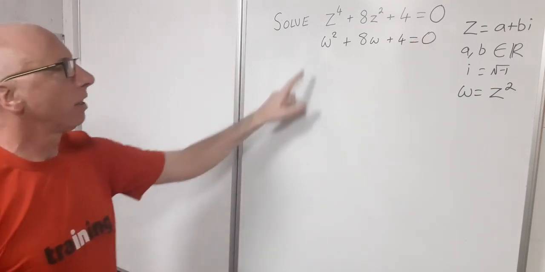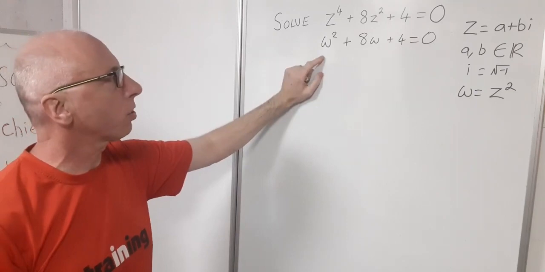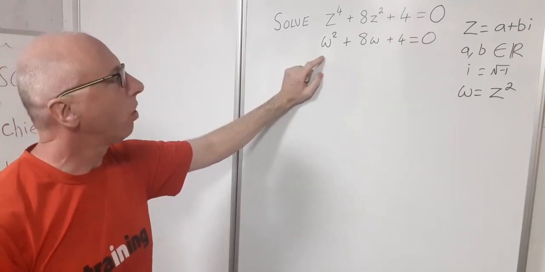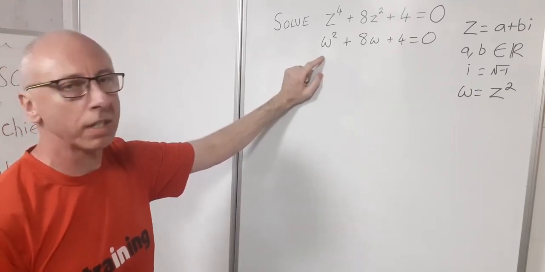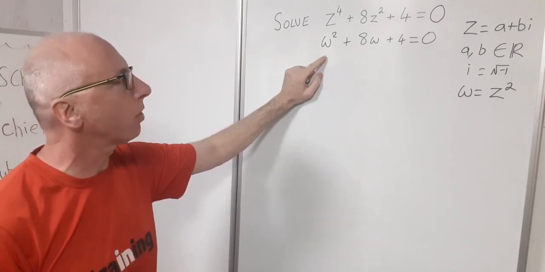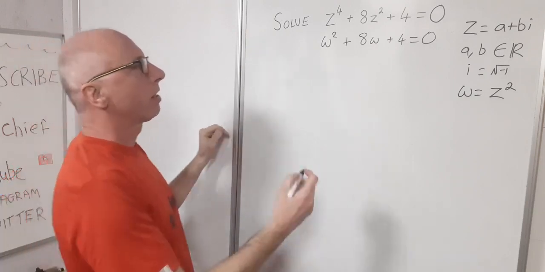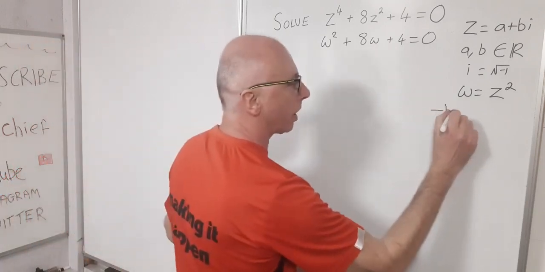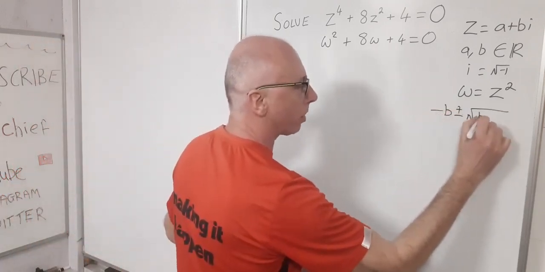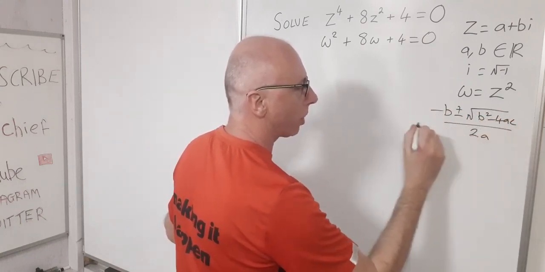Now factoring this, I'm not sure what I'm going to do there. I could complete the square, that would work, or I could go straight to the quadratic formula. For this question today, I'm going to use the quadratic formula: minus b plus or minus the square root of b squared minus 4ac, over 2a.